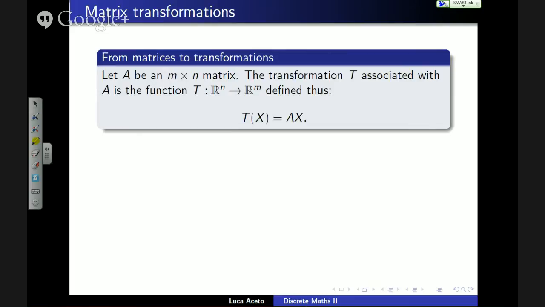So let me ask you, before we saw the identity transformation: give me a vector, I spit it out unchanged. Can you think of a matrix that implements this operation? This is not a trick question.